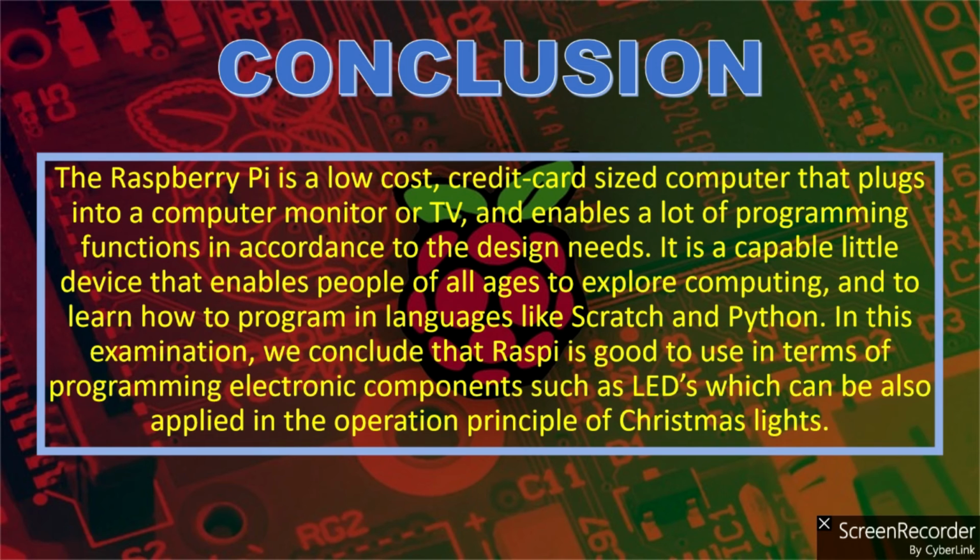In this examination, we conclude that the Raspberry Pi is good to use in programming electronic components such as LEDs, which can also be applied in the operating principle of Christmas lights, as seen in the demonstration with our 8 LEDs.